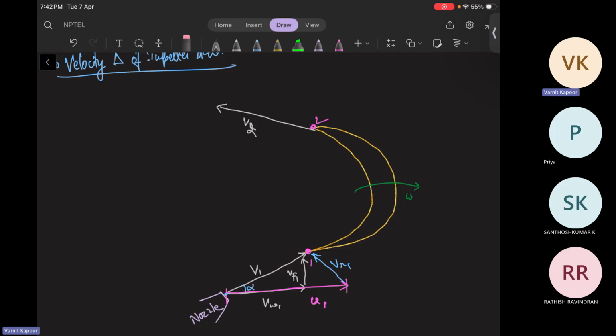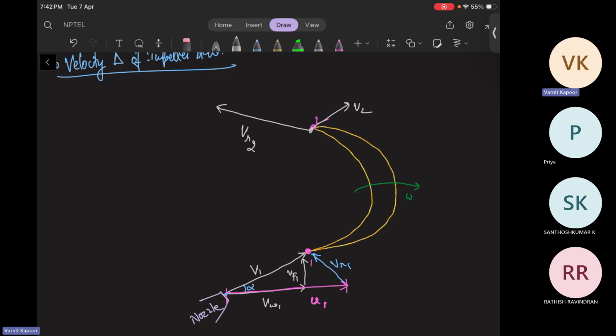Let us say it is coming out at a relative velocity vr2, and the absolute velocity was something like this, v2. It came out in this direction.